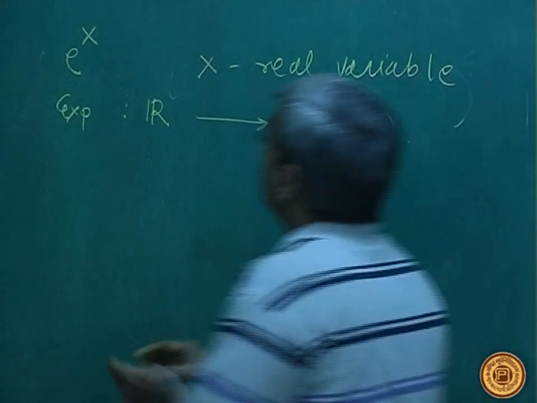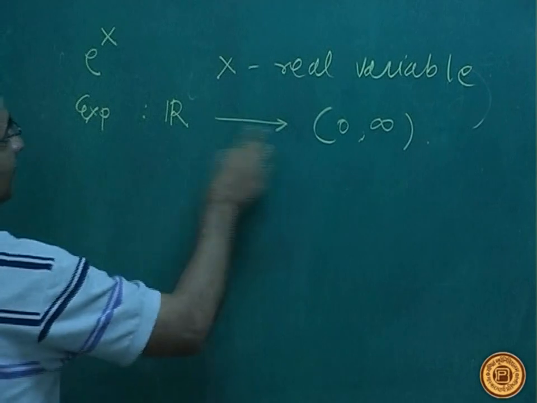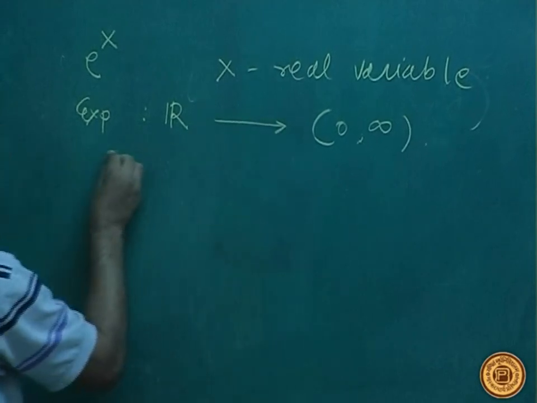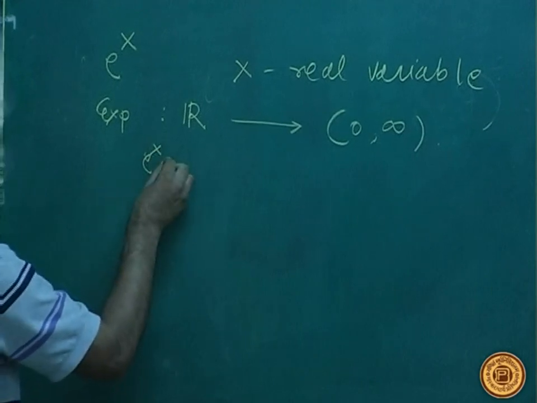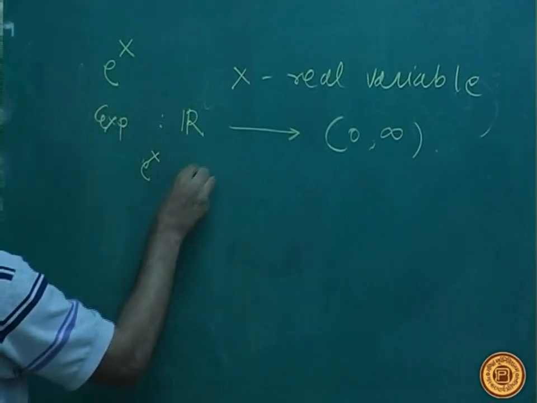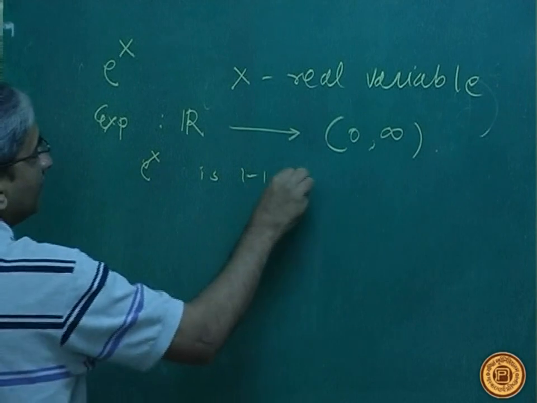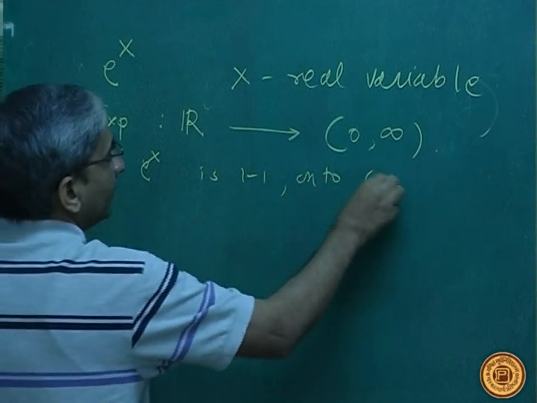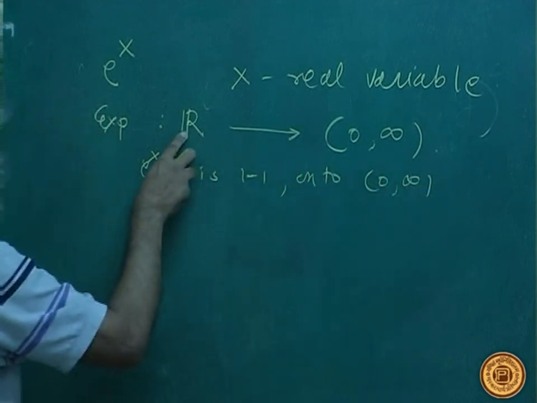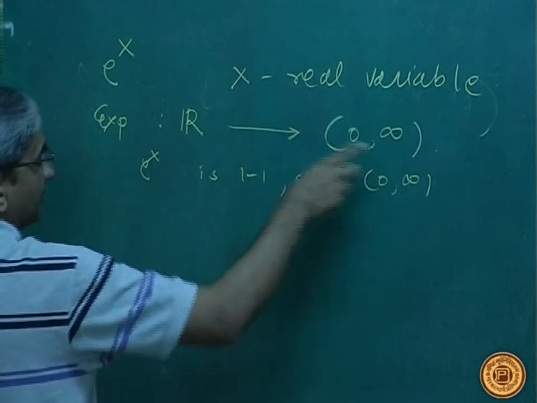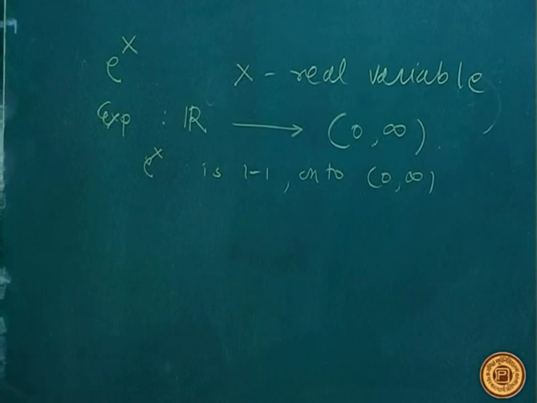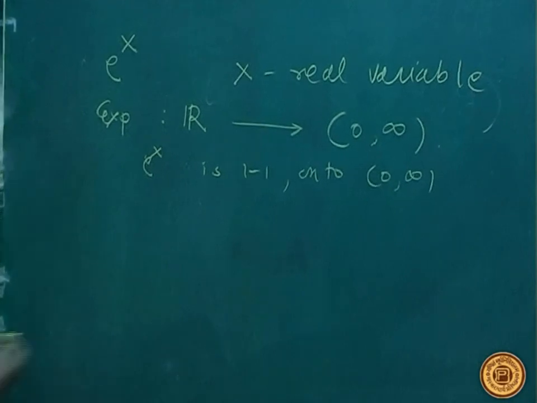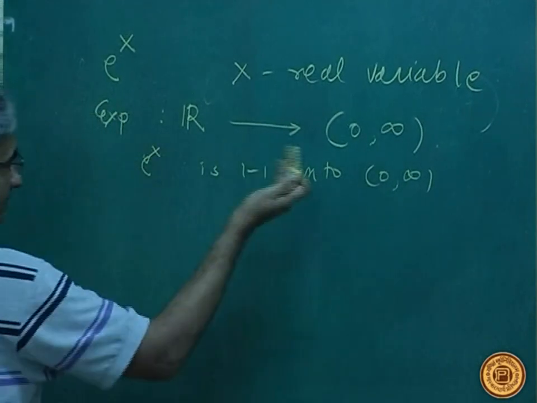So this exponential function is one-to-one and onto. This is the property that e to the power x, or exp, both symbols I may use, is one-to-one onto (0, infinity). That means with this domain and this codomain, it is a bijection. Every one-to-one onto function has an inverse.